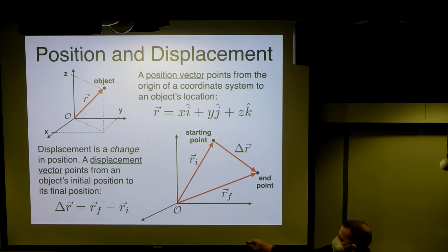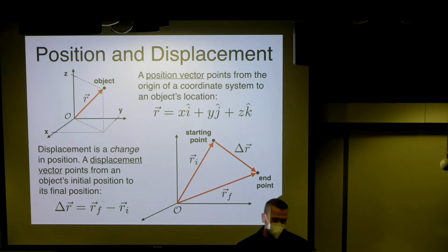Okay, displacement. We know what the definition of this is already. It's really the same thing as before. It's a change in position, right? But now when we think about position changing, we have to think about that as being another type of vector. So let's just write it out this way. If r is the symbol I'm using for a position vector, then delta r is a displacement vector.